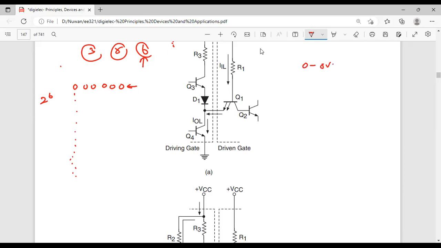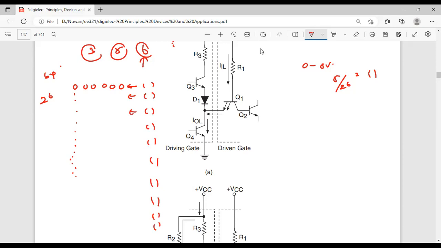Then you have to find the minimum voltage you can represent using one sequence. Then you can assign the voltage value for each and every combination. So there are 2 to the power 6, that means 64 voltage levels and 64 combinations, and you have to write those voltage levels.